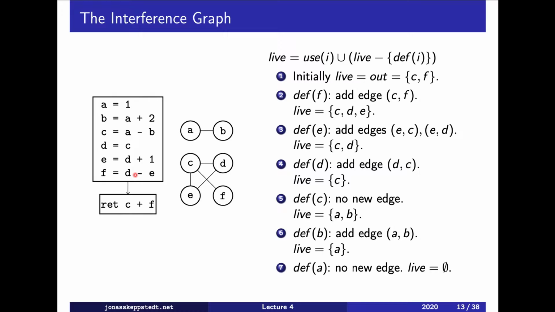because we may want to allocate D and F to the same register if D is not live after this instruction.